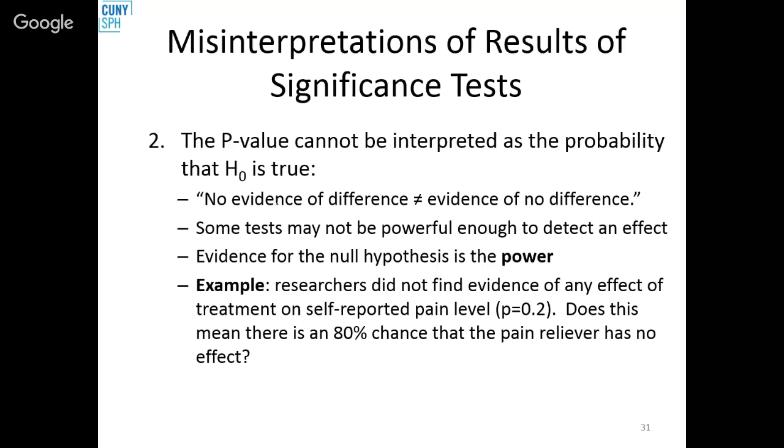Unfortunately, you can't really say how confident you are in the null hypothesis based on a significance test. It's not really what they're meant to do, because the null hypothesis is just about equality.